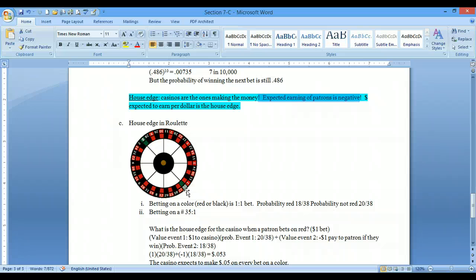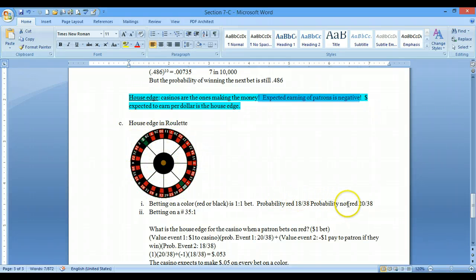All right, if we wanted to bet on a color, red or black, the payout is a 1-to-1 bet. That means if I bet $1, then I win $1, and of course you get your $1 back that you bet previously. The probability of red occurring, there are 18 reds out of 38 total possibilities.